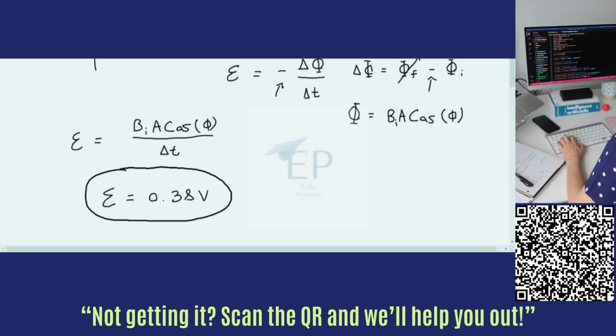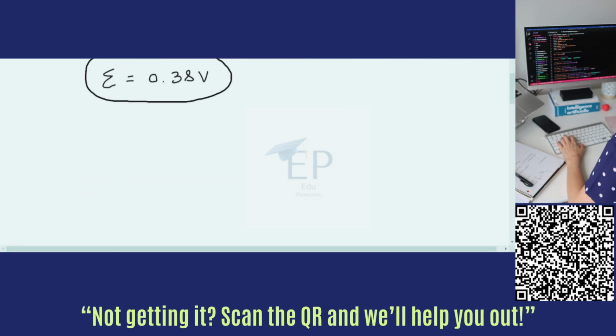All right. So now we're going to do something similar for part 2. But instead of changing the magnetic field, we're going to change the area of our loop and try to produce the exact same EMF. So we want to figure out what that change in area per second needs to be in order to produce an EMF of 0.38 volts.